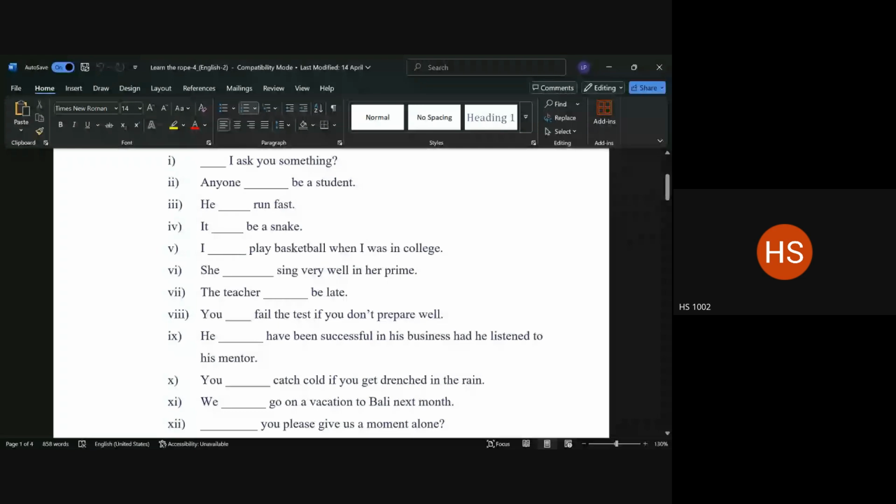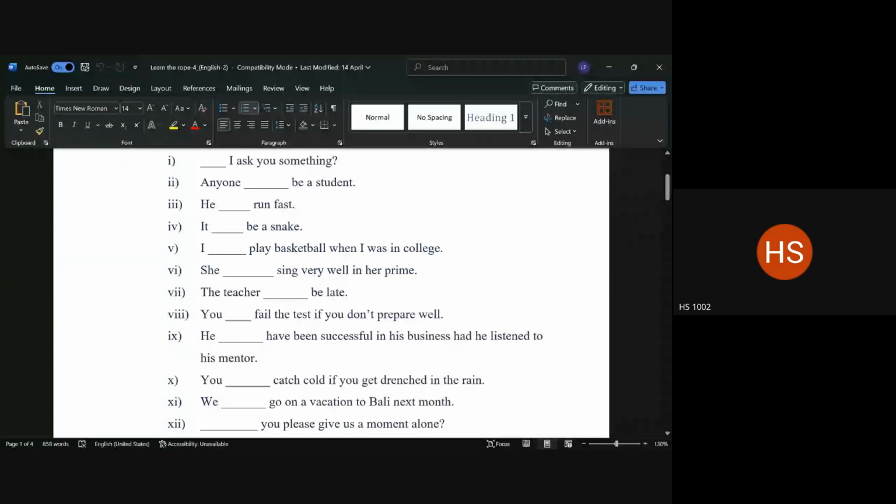You can fail the test if you don't. So what is it indicative of if you say you can? If I use can here, then what is the modality meaning that it gives you? Even if it is not ability, is it able to convey anything else that can is capable of? Possibility.